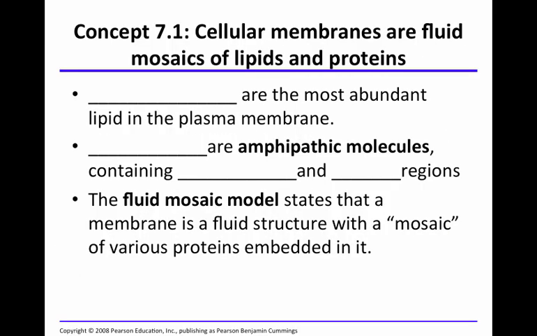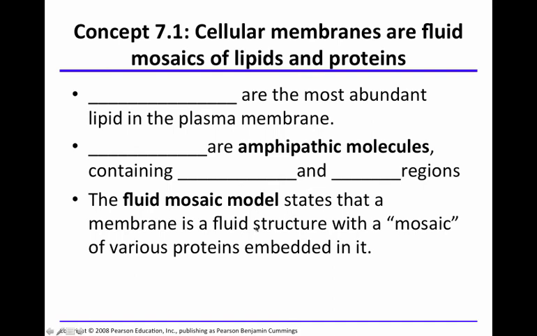And so with this concept, hopefully you now understand that phospholipids are the most abundant lipid in the plasma membrane, that phospholipids are amphipathic molecules. They contain both hydrophobic and hydrophilic regions, and the fluid mosaic model that Singer and Nicholson presented, that was a revised model and one that's highly accepted now.